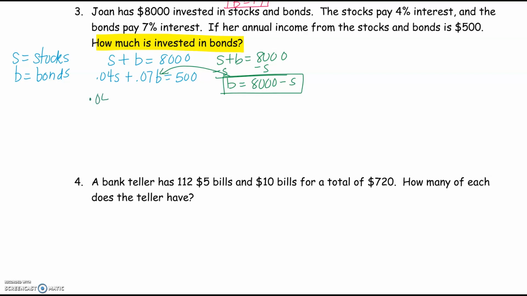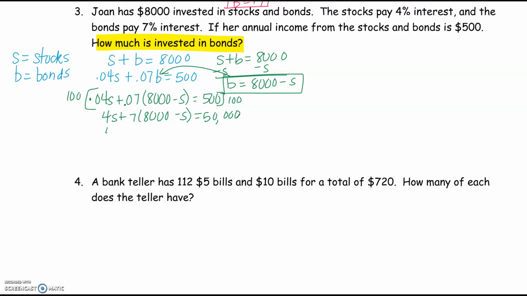So I get .04S plus .07 times, not B, but 8,000 minus S equals 500. Okay, multiply through by 100. I get 4S plus 7 times 8,000 minus S equals 50,000.